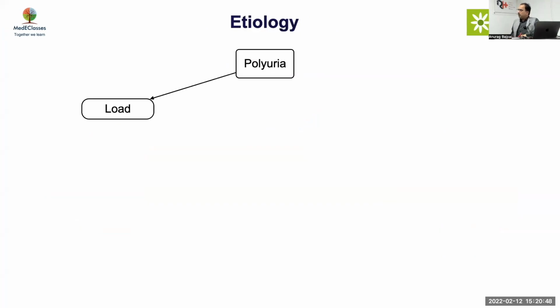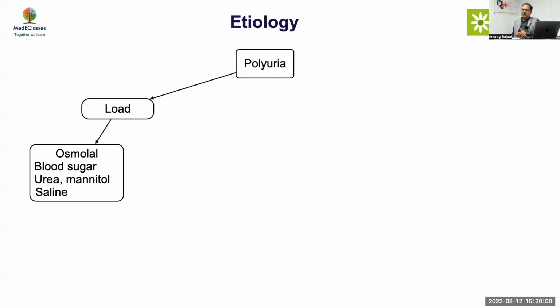So polyuria with more osmolar load: blood sugar is very easy to identify, urea and mannitol are very easy to identify, but saline load we often tend to miss. If you're giving too much saline, this can also cause polyuria. In which condition is this most common? Post-neurosurgical. Because a lot of fluid is given, and then people are confused whether the polyuria is because of sodium chloride or because of DI.